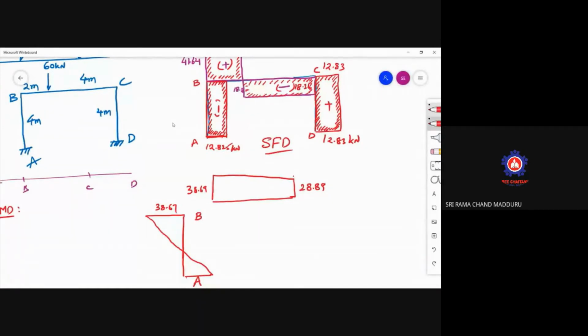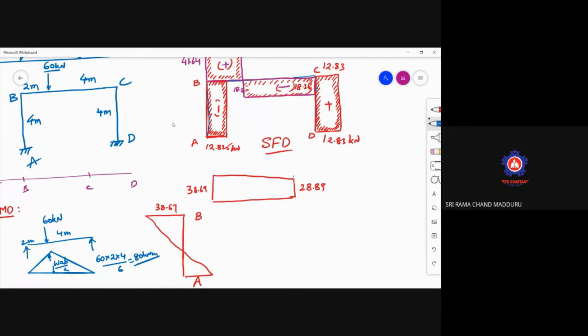But along with this, we have positive moments due to loading. As 60 kilonewtons is acting, a simply supported beam with a 60 kilonewton load will produce a maximum moment of WAB by L. The value is 60 into 2 into 4 by 6, which is 80 kilonewton meter.